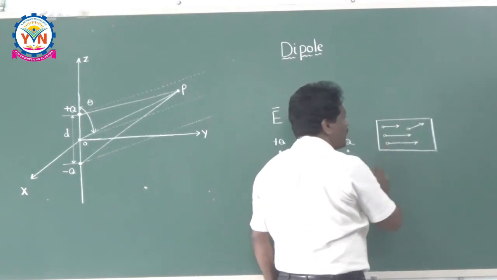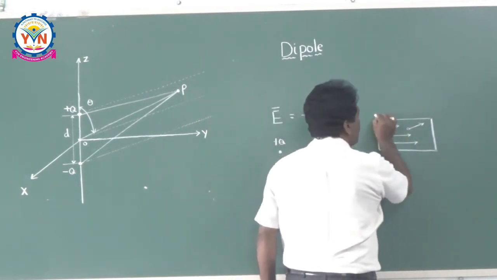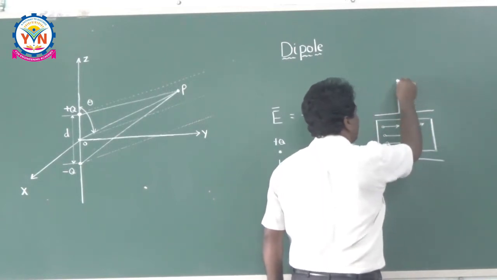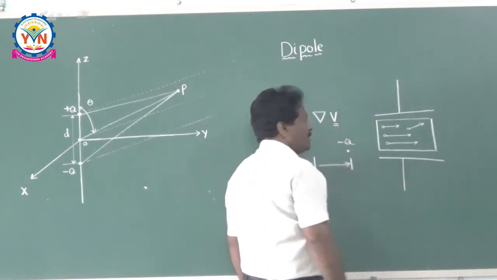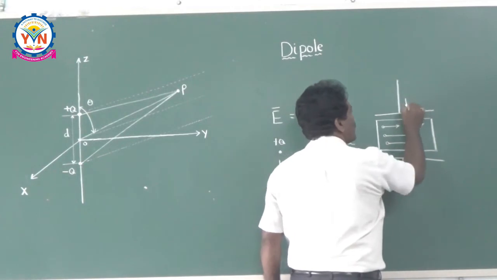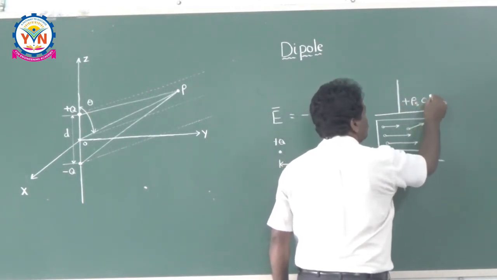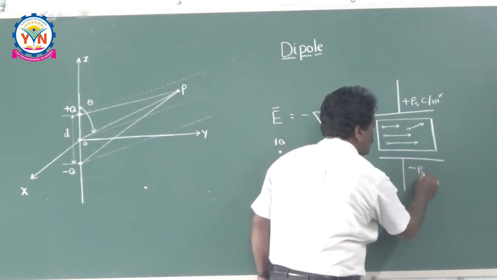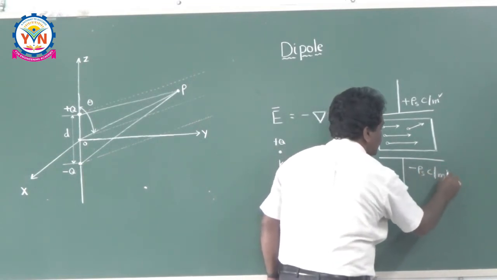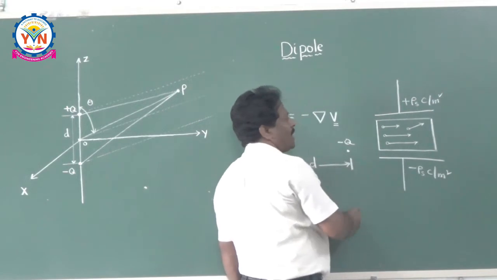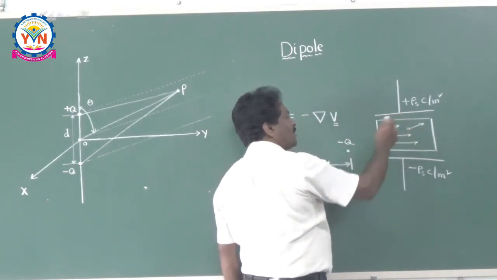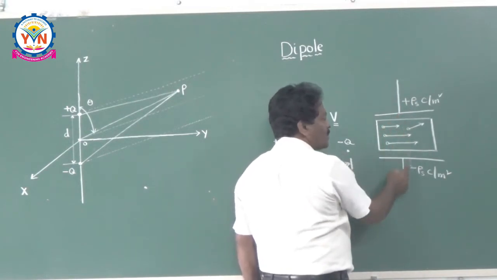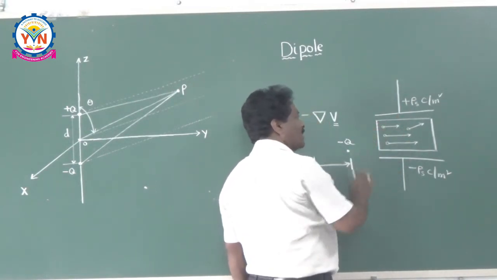Then, as an application, if you take a capacitor, meaning two plates separated by some dielectric material like this, this plate may have plus rho s coulomb per meter square surface charge density, and the other is minus rho s coulomb per meter square, separated by some distance d. And inside you have a dielectric material. Already you know plus rho s and minus rho s, the concept of the capacitor.